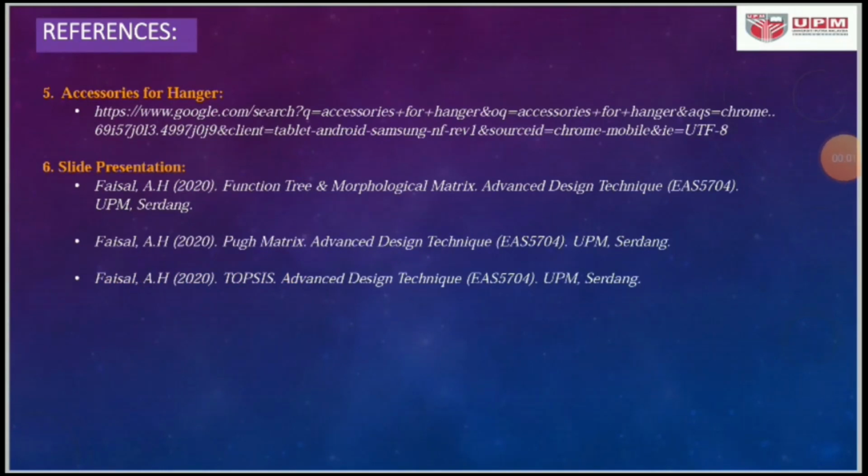And of course in the morph matrix we have come up with different ideas, and then we are able to generate different concepts, and in this case we have generated 4 different concepts for the multi-purpose hanger.